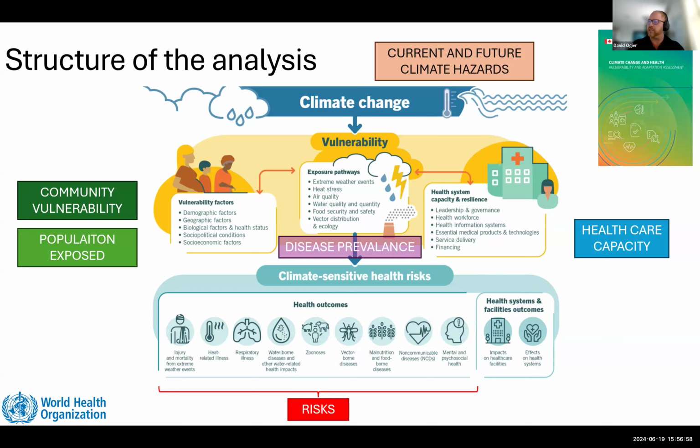Then all of those come together to create the health outcomes, which are essentially the health risks. Apologies, I do work in a lot of different fields, so I sometimes get the terminology mixed up, but this is how I tend to understand it. It is quite similar to the IPCC AR5 methodologies for climate risk assessments. There are a few discrepancies, but it's mostly the same.